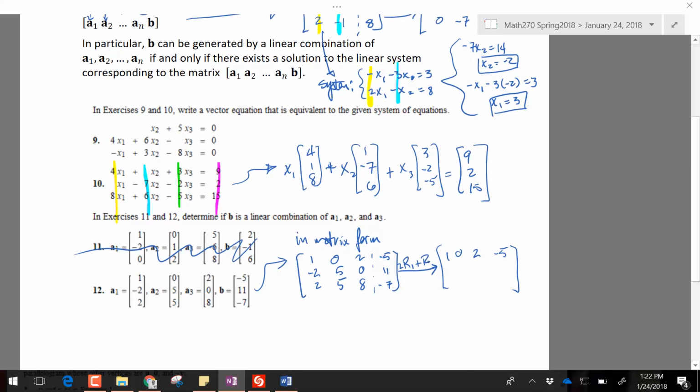And that would get rid of my first element in the second row. So what else do I have after I do that? 0, and 5 plus 2 times 0 is 5, 2 times 2 is 4 plus 0, and negative 10 plus 11 is equal to 1.